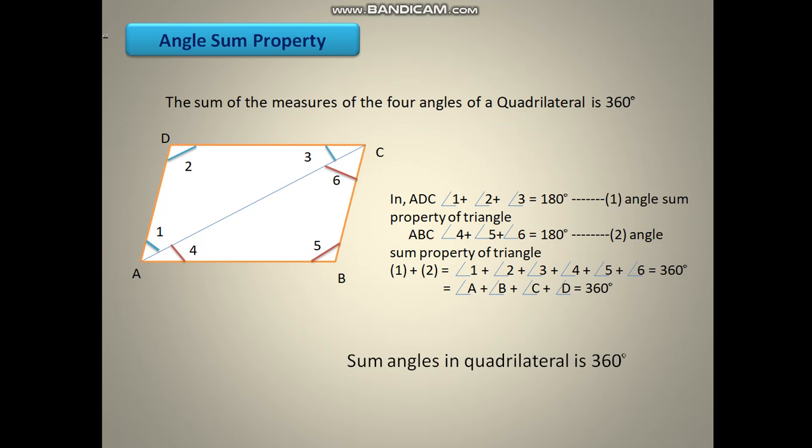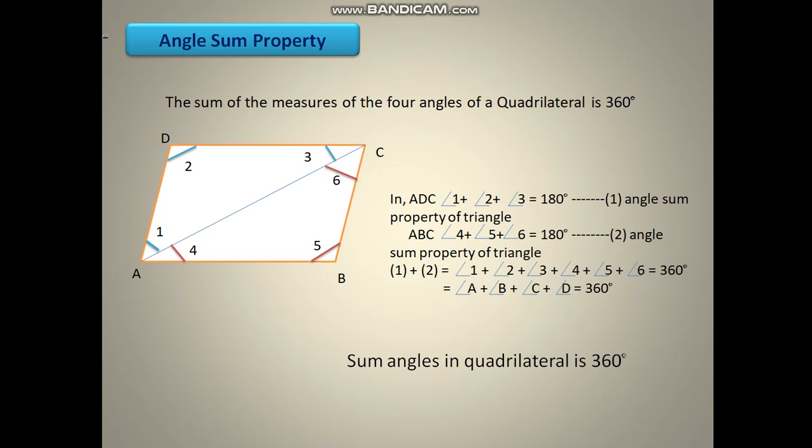This is one quadrilateral. We can divide it into two triangles, A, B, C and A, D, C. In triangle A, D, C, angle 1 plus angle 2 plus angle 3 equals 180 degrees.